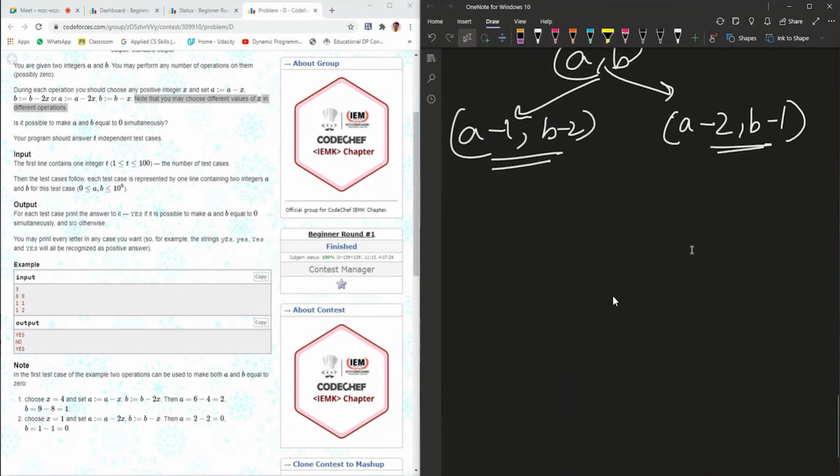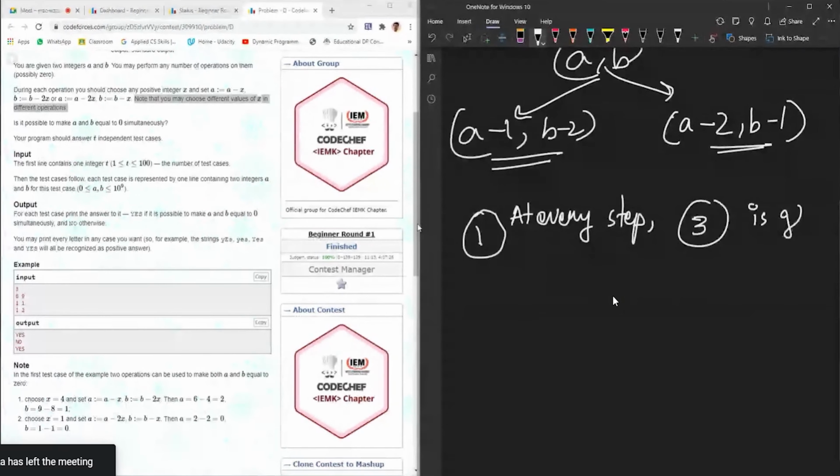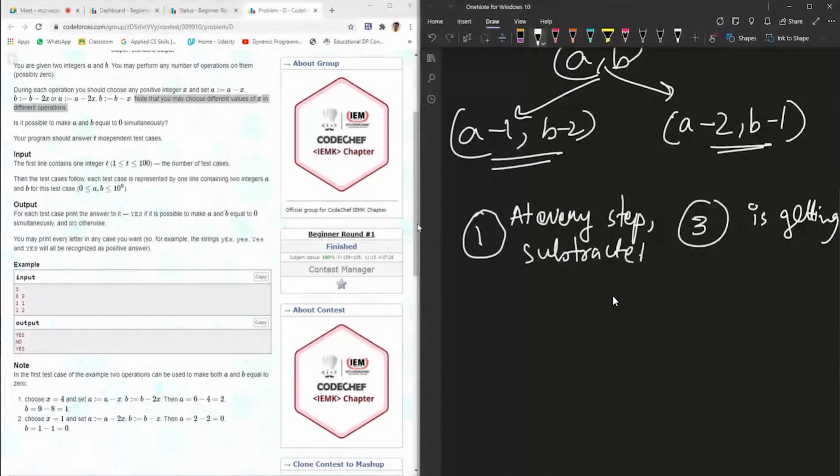Now, the first thing that I want you to observe is that at every step, a total of 3 is getting subtracted from a plus b.